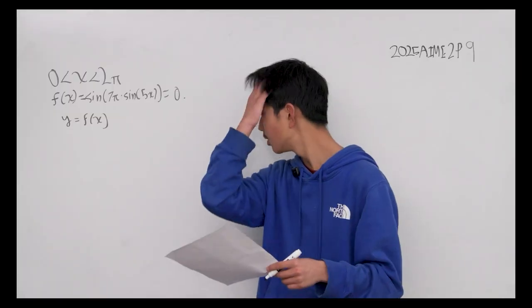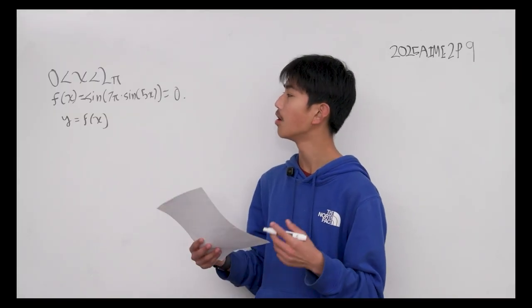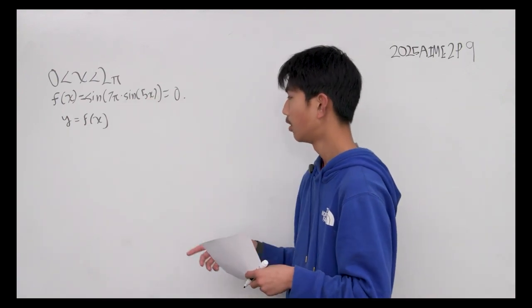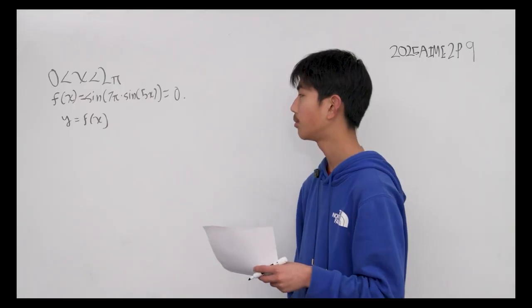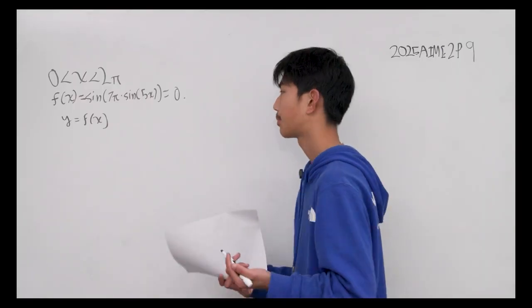For this problem, well, we have these three equations here, right? And we know that for this to be equal to 0, what's inside of this sine has to be equal to some integer k times pi.